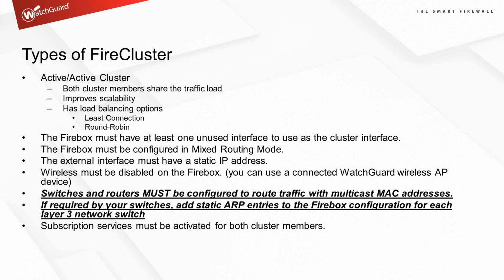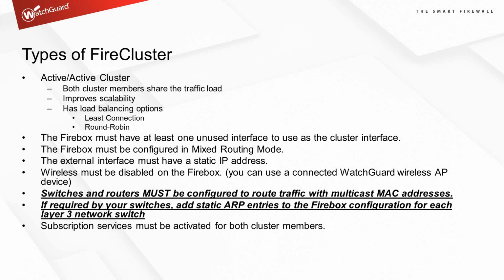The reason for this is you've got two physical appliances and therefore two MAC addresses, but the network is trying to see it as a single IP address. So you will have some problems on your switching. 99.9% of any cluster failures that we see, if people are having trouble getting them set up and running, it's because they don't have their switches and routers configured, and this is either side of the box. Anything that is directly cabled to your firewall must support multicast.